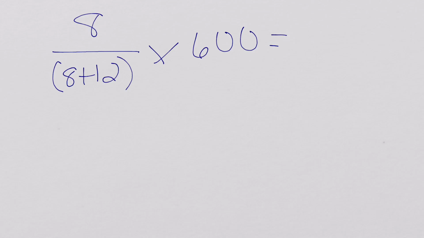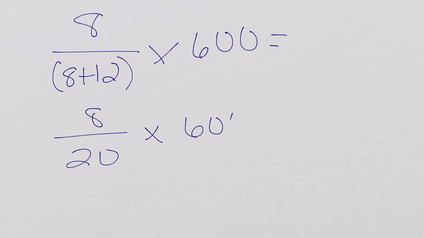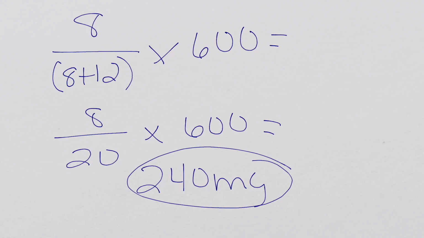First you add the 8 plus 12. So it would be 8 over 20 multiplied by 600. 8 over 20 is 0.4 multiplied by 600, and that gives you 240 milligrams. So according to Young's rule, our pediatric dose for this should be 240 milligrams.